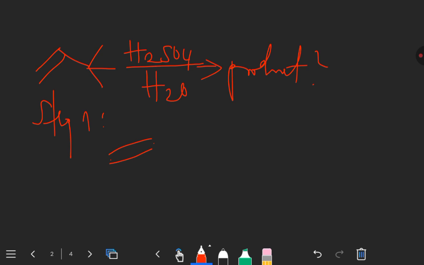Okay, so this is what we have, with a bond there. So the first step, we can use this water and grab the hydrogen from water.